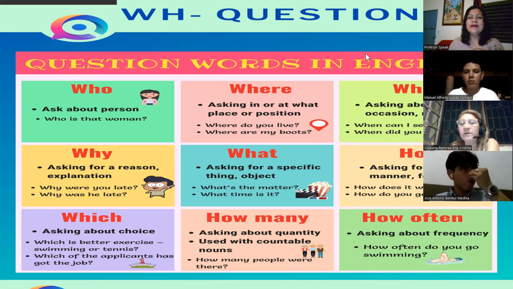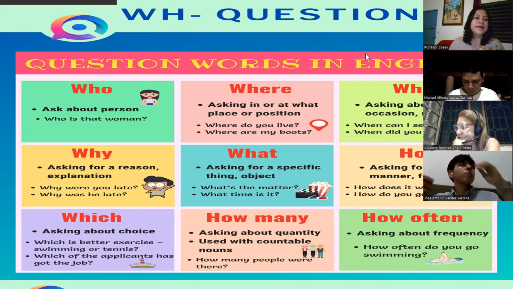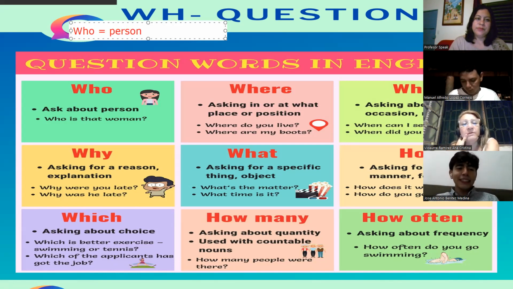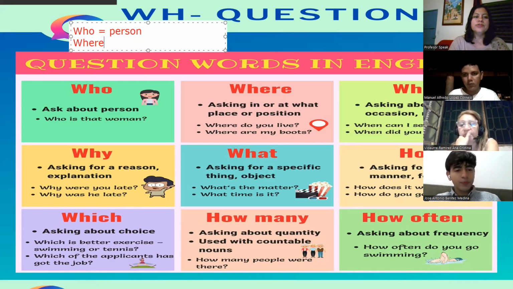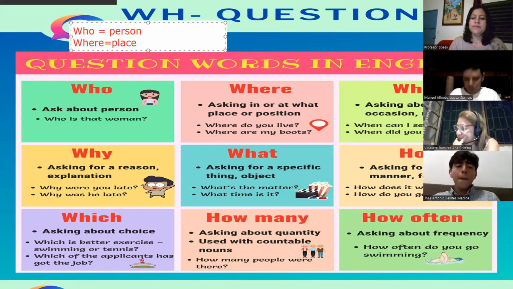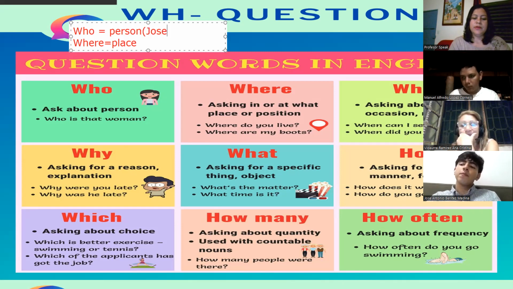So basically, class, this is like the conclusion, okay? So the WH who, you are going to use it when you're talking about a person, okay? You're going to use where, okay, when you are talking about a place, okay? For example, a person, let's say that I am talking about Jose, okay?